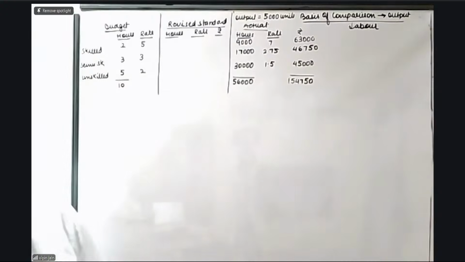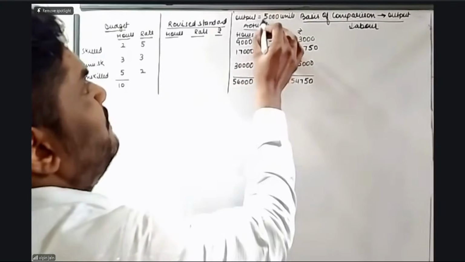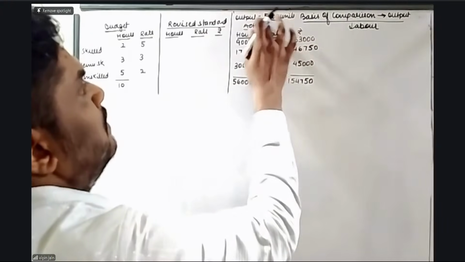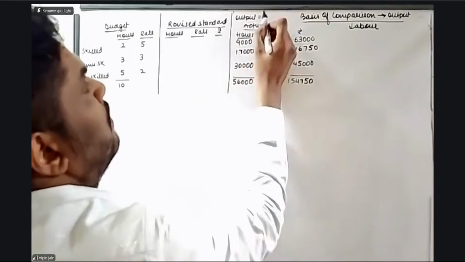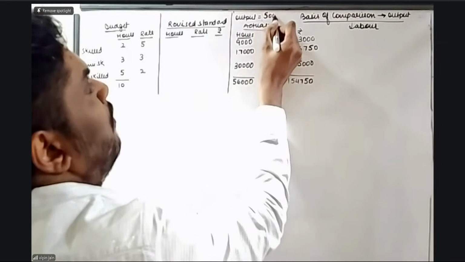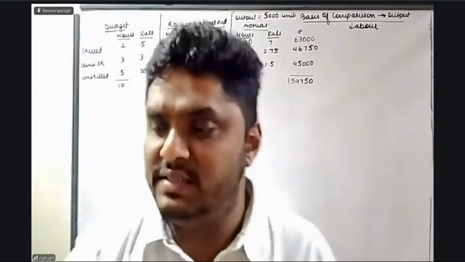My budgeted output is 1 unit and my actual output is 5,000 units. So what will be the revised standard quantity?